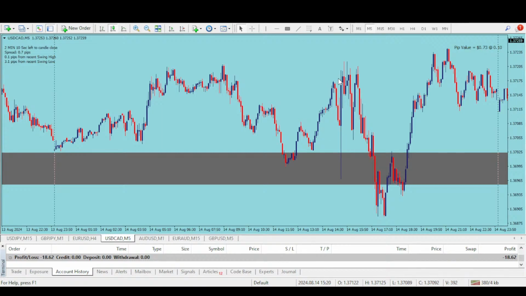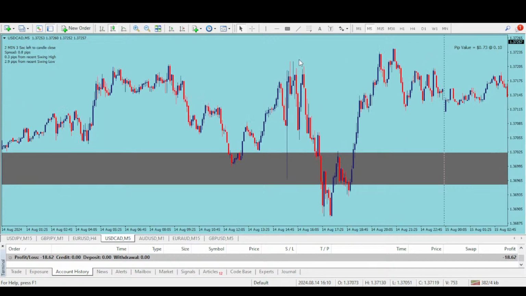Then it came back again, moved up. This was because of particular news. Then it came down here again, pierced it, moved up, came back. Then one can enter here again on this bullish engulfing candle.